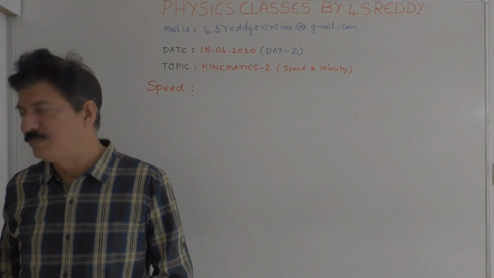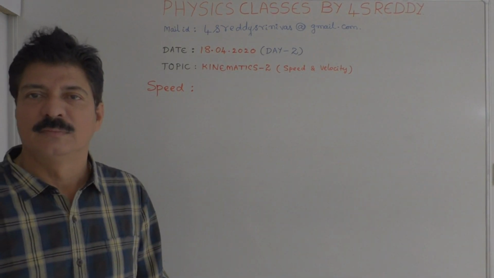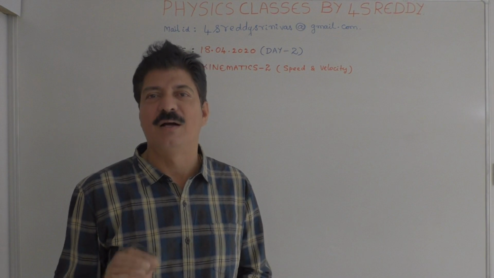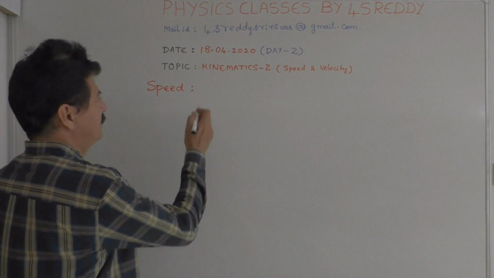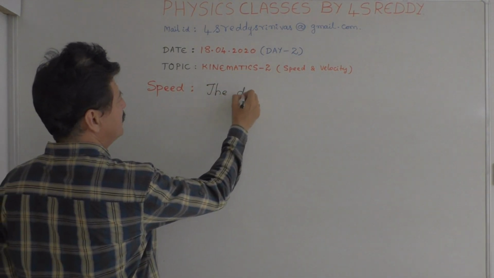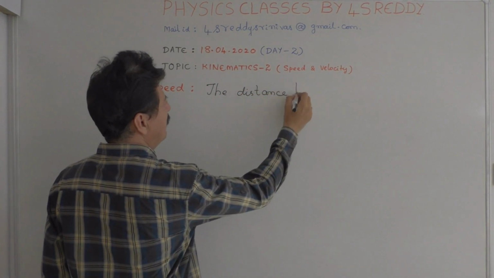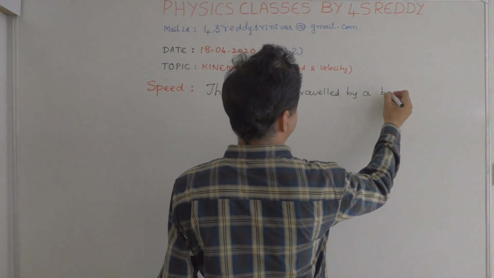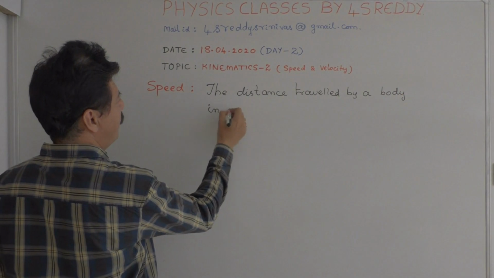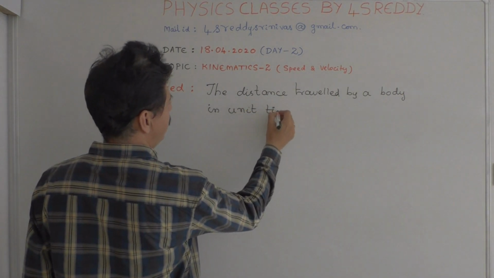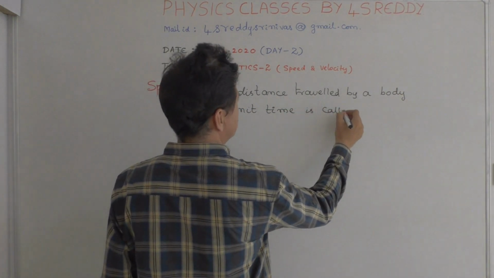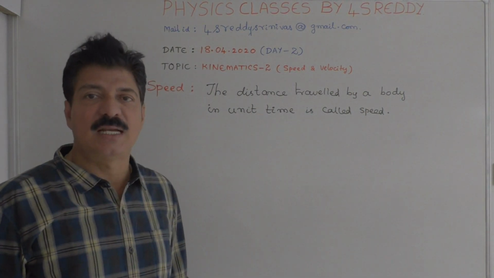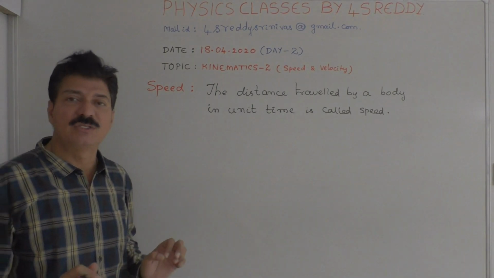Speed means the distance traveled by a body in unit time is called speed. This is the first thing.